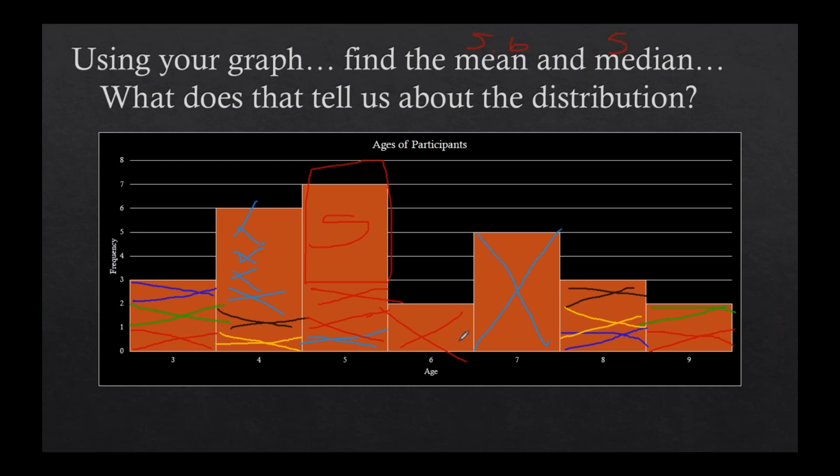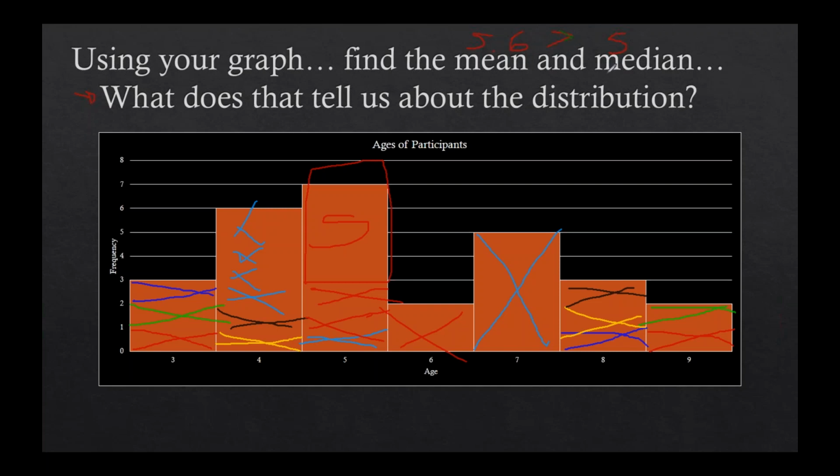Okay. Now, the second part of this question, what does that tell us about the distribution? If our mean is 5.6 and the median is 5, so the mean is greater than the median, what does that tell us? This goes back to section 8. Anybody remember? Look at the way that this is pointing.